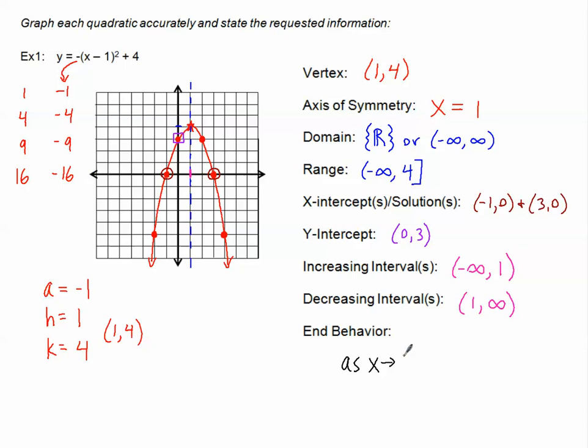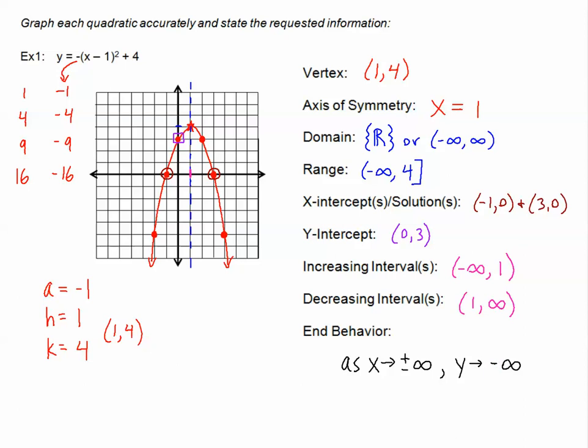I'm going to use my plus or minus symbol because it doesn't matter which side we're talking about, y will be doing the same thing. So I can use my plus or minus symbol, or you can write it as two separate statements like we've practiced before. In this case, on the left side, y is pointing down. On the right side, y is pointing down. So both sides, y is approaching negative infinity.